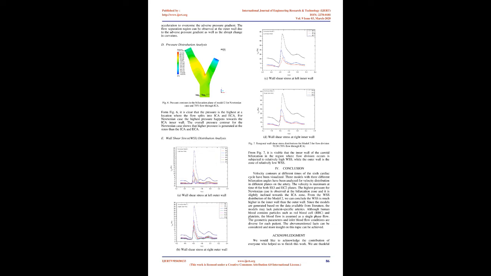The period of the cardiac cycle is 0.857 second. At the outlet, the outflow boundary conditions were applied to the ICA and the ECA outlets. The walls of the carotid artery bifurcation are considered as rigid walls and no slip boundary conditions are imposed on the walls.